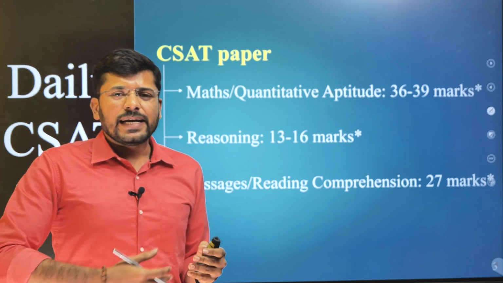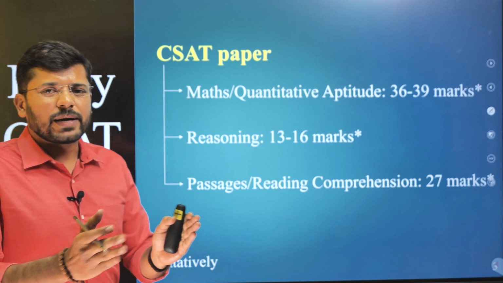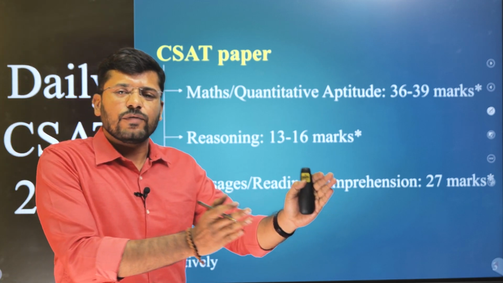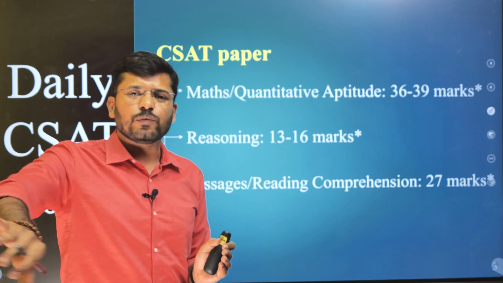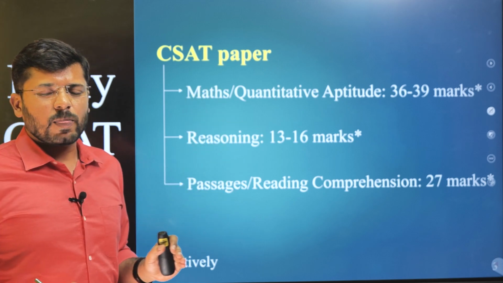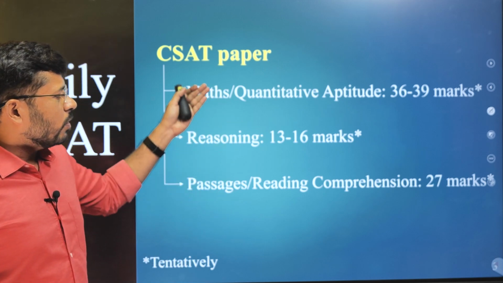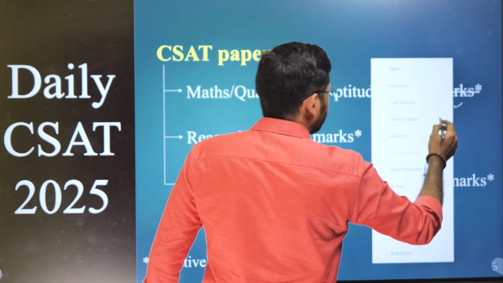They will be interlinked, interspersed. Okay. They will not demarcate. It is not that the first 30 questions will be on maths, the next 20 questions on reasoning, and the next 20 on English. No, that is not how they do it. They will be interspersed. And these are not marks actually, these are questions.